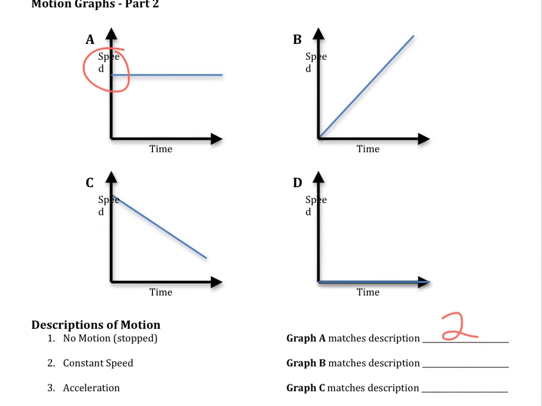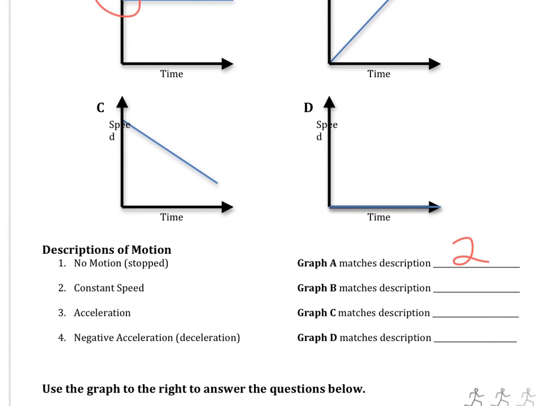For graph B, we have a straight line with a positive slope, so as time passes, speed increases, so we could immediately match it with number 3. So number 3, there's an acceleration.